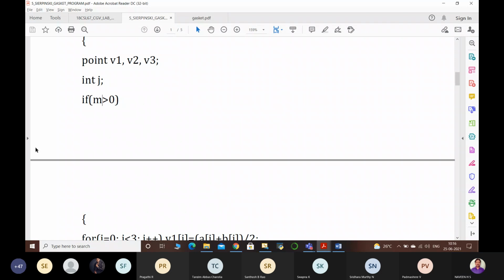We have three vertices, we have constructed the triangle, and we are not dividing it, meaning we are not calculating any midpoint. Obviously your midpoint will not be greater than 0 or whatever it may be. That condition does not hold, because there is no concept of midpoint. So if you run that program, what output are you going to expect? I'm asking.